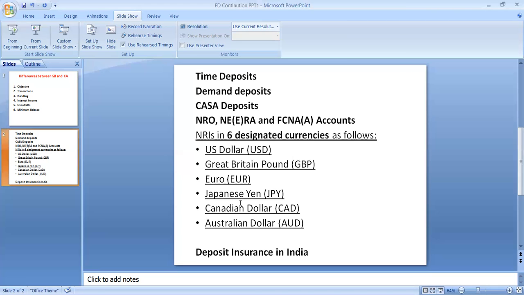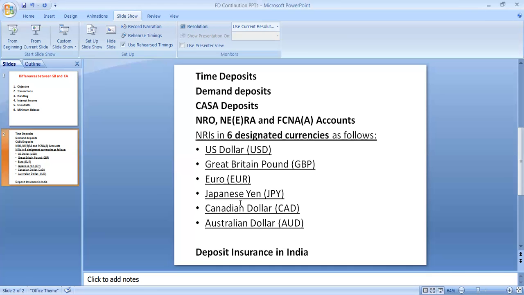FCNR, foreign currency non-resident account. It is also called FCNR(B), foreign currency non-resident account (bank), which was first introduced in 1993.